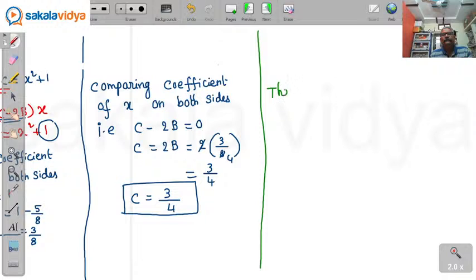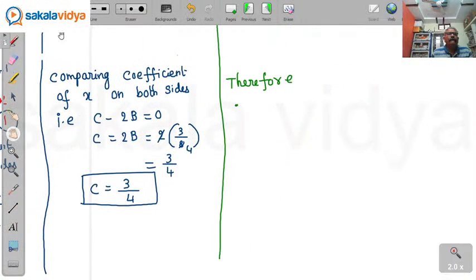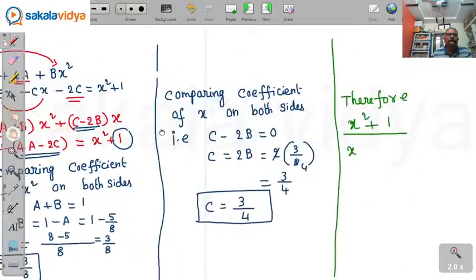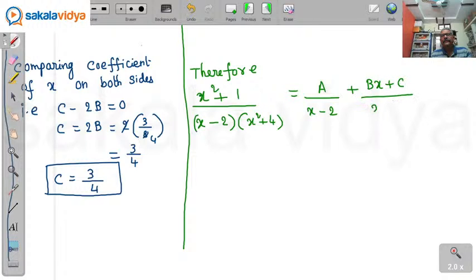So therefore we can write x square plus 1 upon x minus 2 into x square plus 4 equal to, we have like this, a upon x minus 2 plus bx plus c upon x square plus 4.